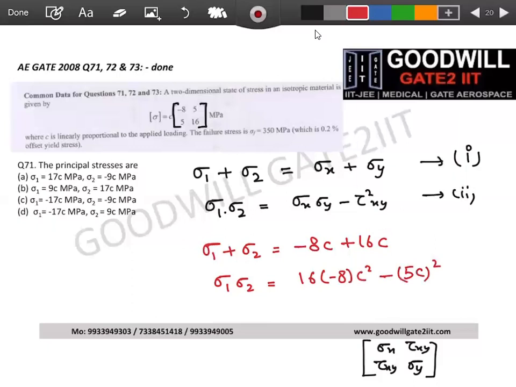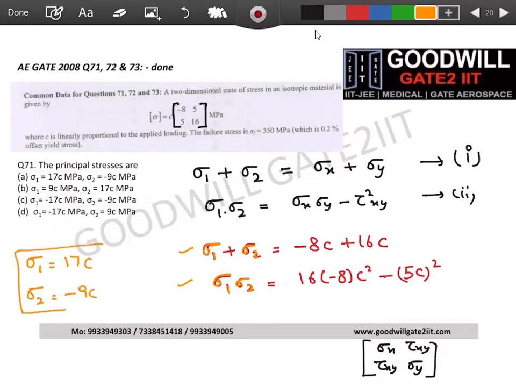I really don't want to spend time explaining the plus and minus. If you have two equations in maths and you have two unknowns, sigma 1 and sigma 2, you can easily use it to calculate. And believe me, you can try this. You will get this as 17c and you will get this as minus 9c.